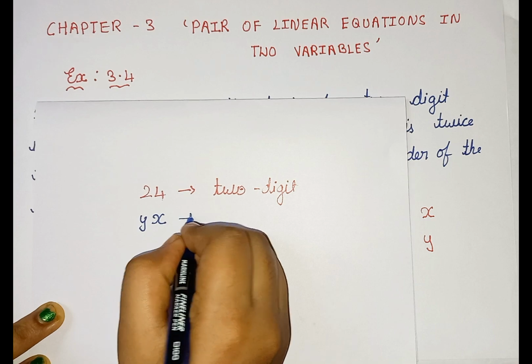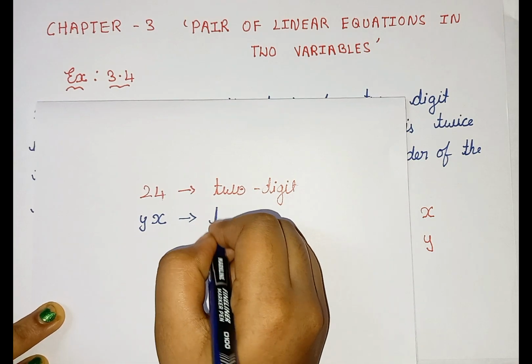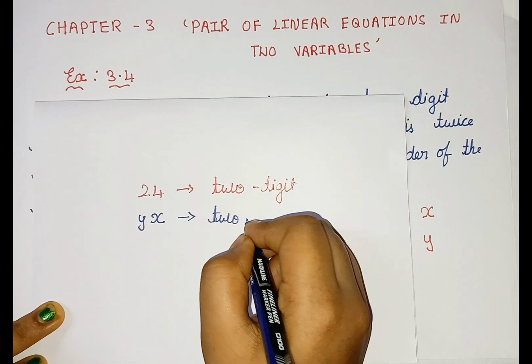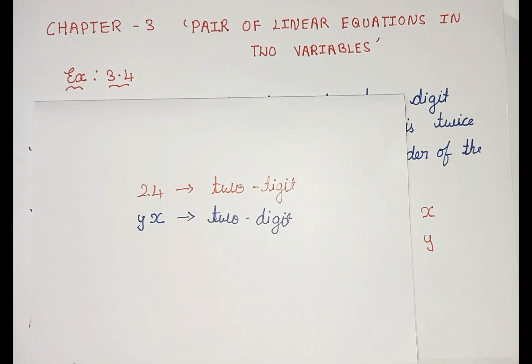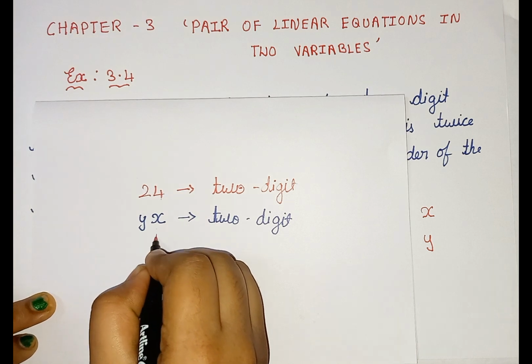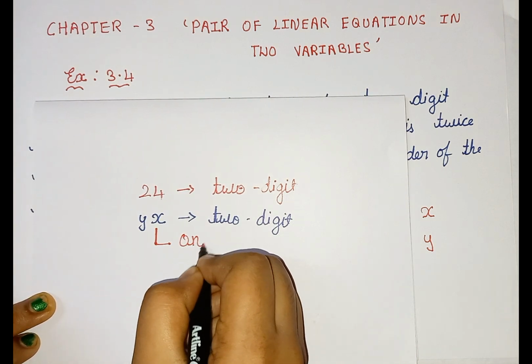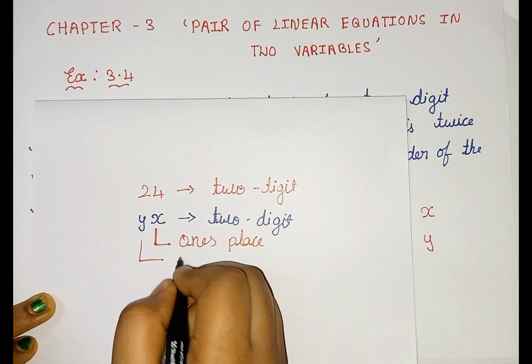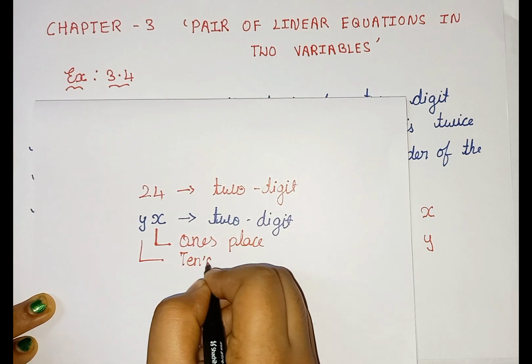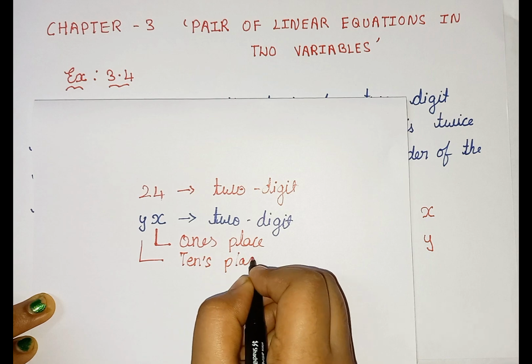In this 2-digit number, which one is in 1's place? Here x is in 1's place and y is in 10's place, isn't it? It is like that only.